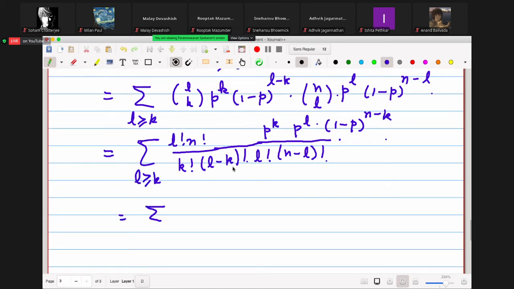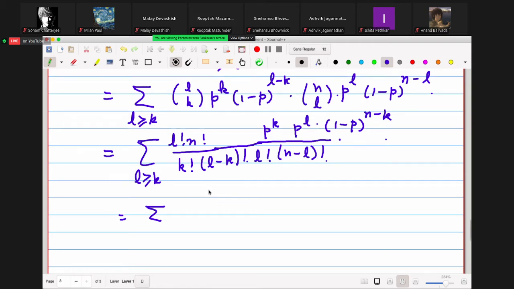Now this simplifies a little. How? Let me just think for a minute. L factorial and L factorial cancel.